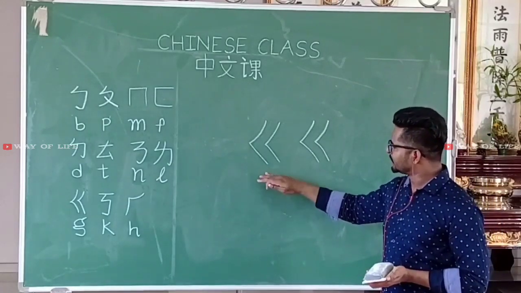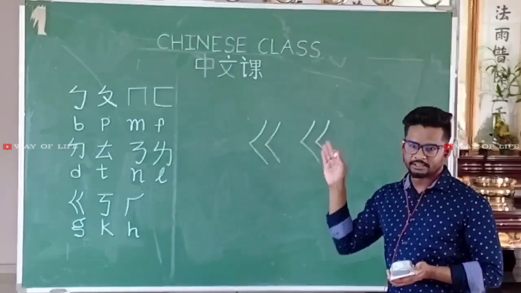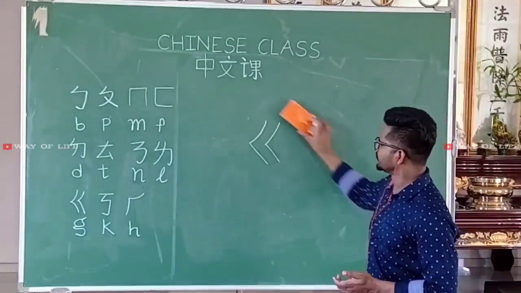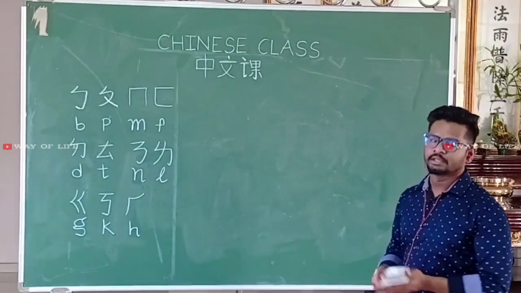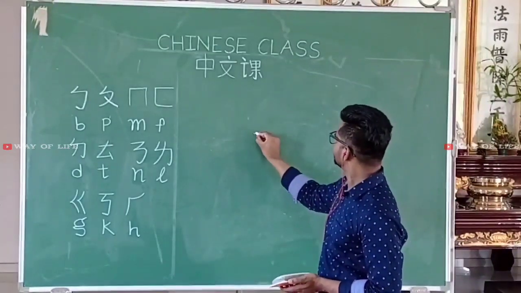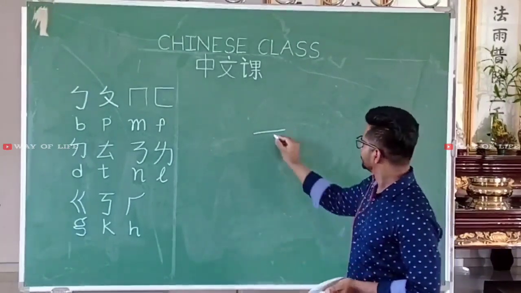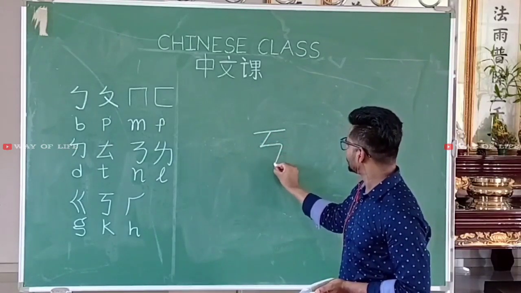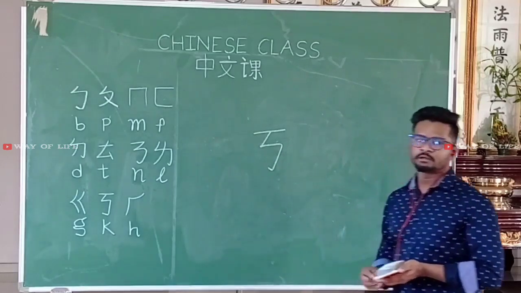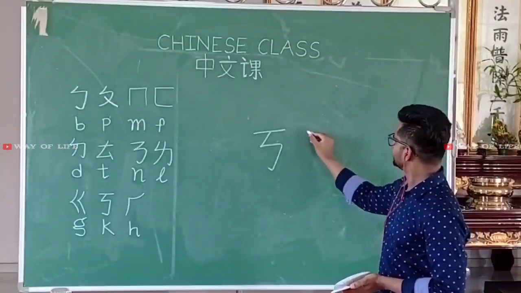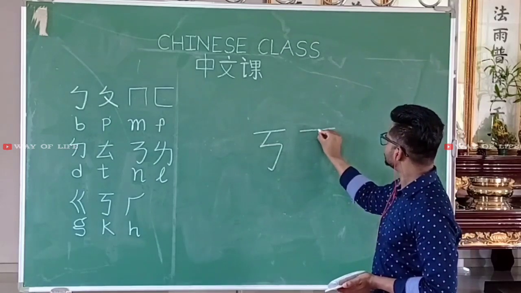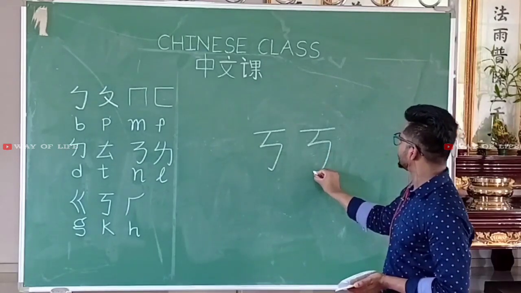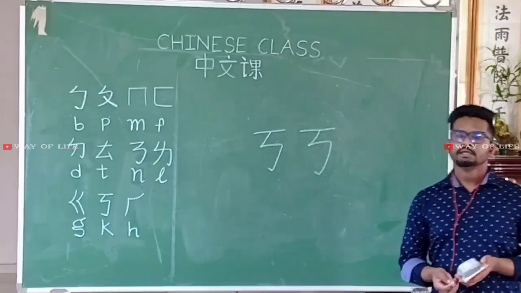You can also memorize it by the two less-than symbols. K. Okay. The next one is K. How to write? 1, 2, 3 and 4. K. I will tell you again. 1, 2, 3, 4, like this. The pronunciation is K.